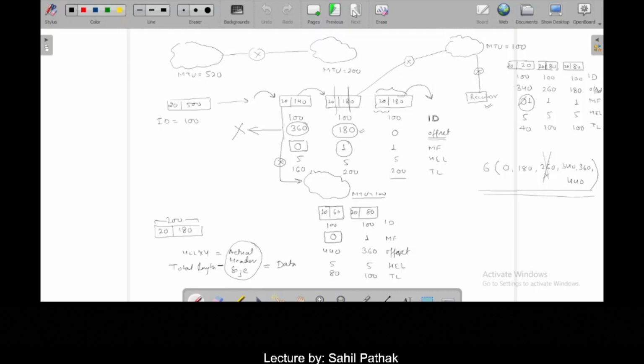What I'm trying to say is, in case the offset was a sequence number like 0, 1, 2, 3, 4, 5, when the offset number was like this, we could directly say that if any number is missing, it is not complete and we should not combine.